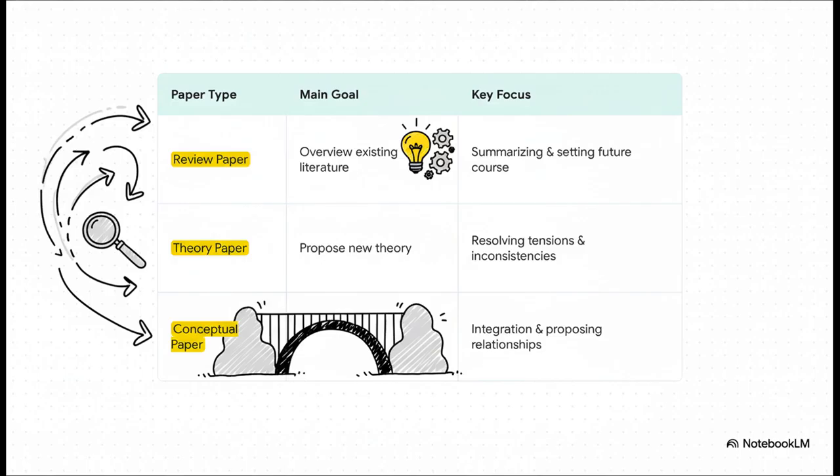A theory paper is more like an inventor, trying to build a brand new explanation for something, usually to solve a specific puzzle. But the conceptual paper, it's the bridge builder. It's the connector. Its main job is to take existing, powerful ideas, sometimes from totally different fields, and link them together in a new way. It's about integration, about creating a whole new framework from existing parts.